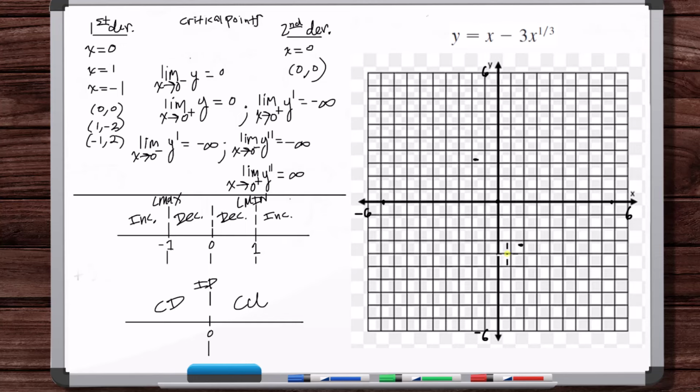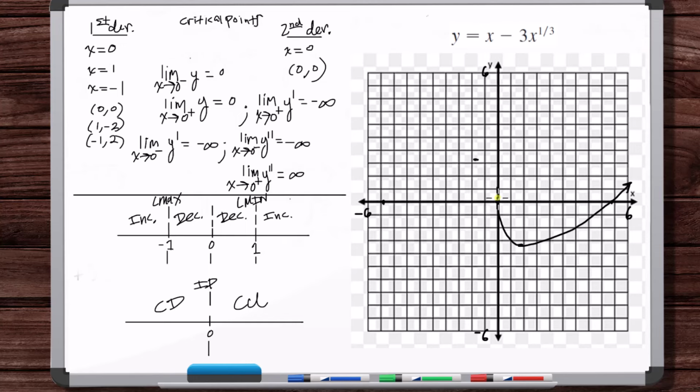Okay, now I'm assuming past this point, we're going to be concave up all the way to infinity. Is that the case? Well, actually, we'll be concave up from 0 on, and that also makes sense. So we're going to go concave up, and then just stay concave up like that. Now, here, at x is equal to 0, we get this vertical slope.